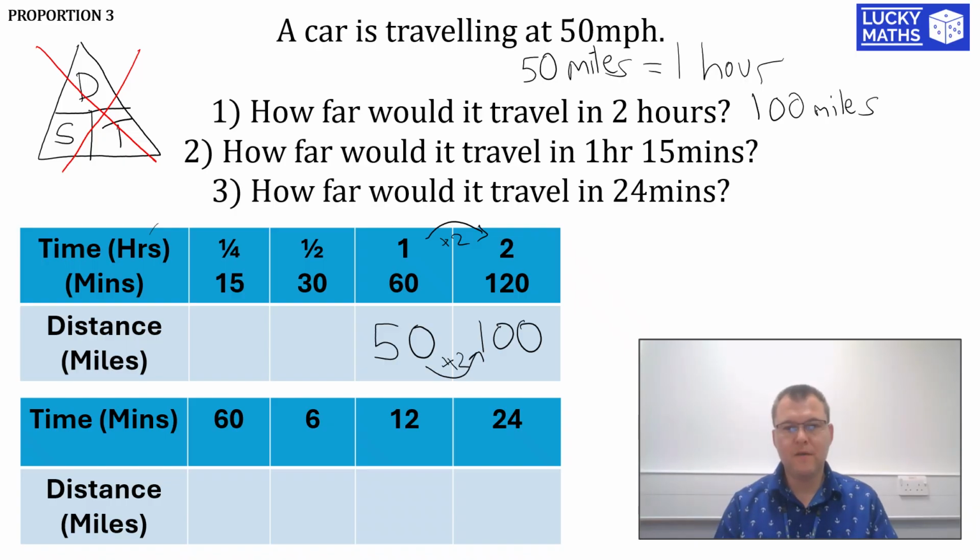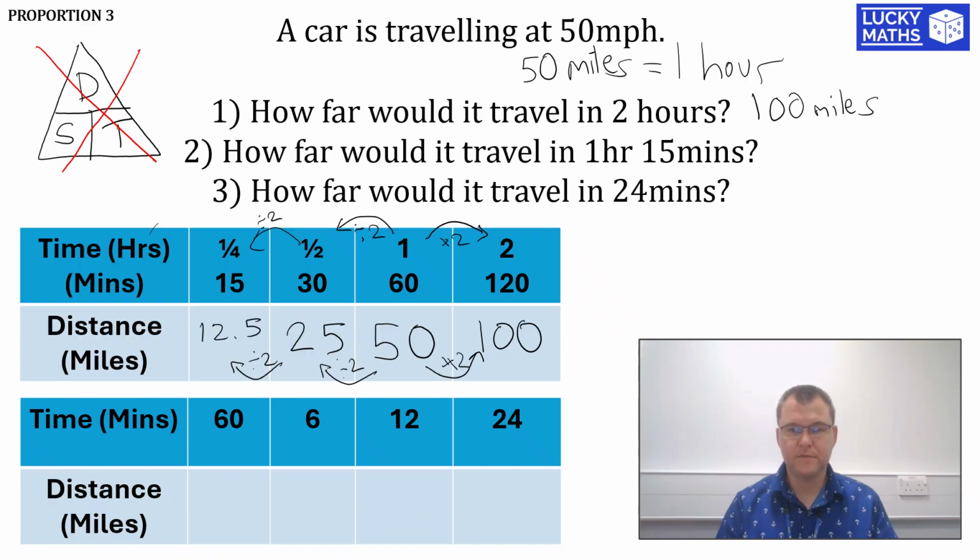How far would it travel in 1 hour, 15 minutes? Now, this is why I've used the minutes, because we need to go backwards. Well, when I mean backwards, 1 full hour becomes half an hour by halving. So half of 50 means in half an hour, 25 miles was travelled. And then if we halve that again, because half an hour becomes a quarter of an hour, half of 25 is 12.5.